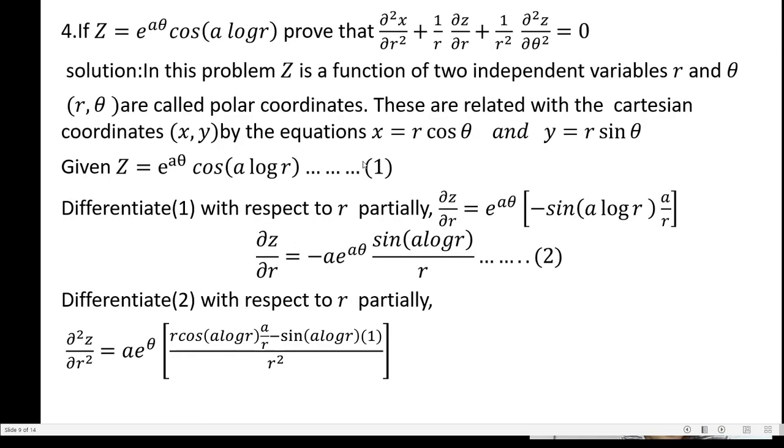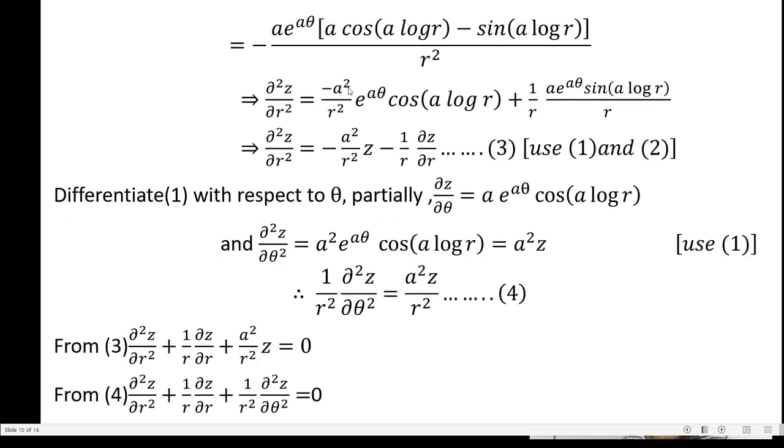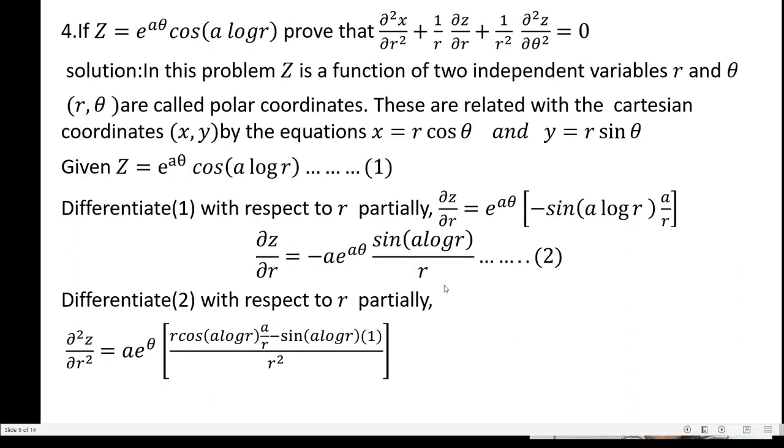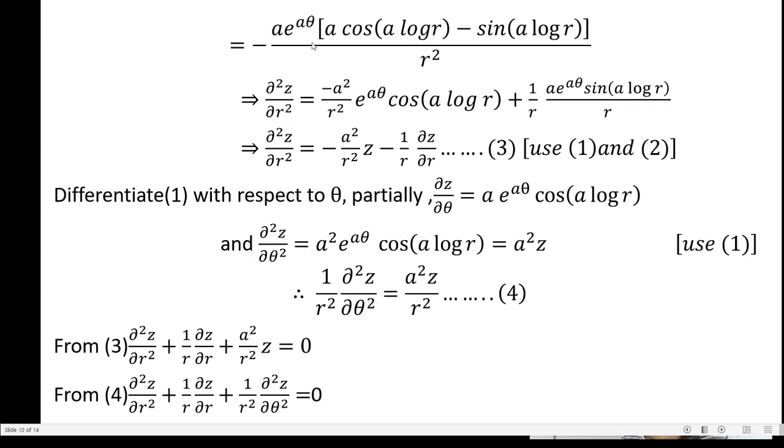Next, look here, I multiply these terms and write ∂²z/∂r² is equal to, in these two terms, minus a² e^(aθ) divided by r² into cos(a log r), and separating the terms, minus into minus is plus, 1 by r into a e^(aθ) sin(a log r) divided by r.